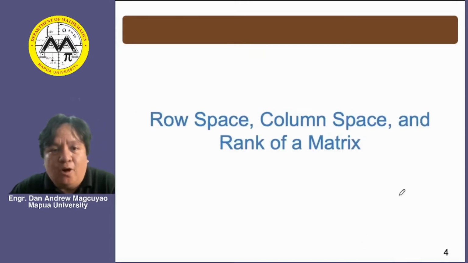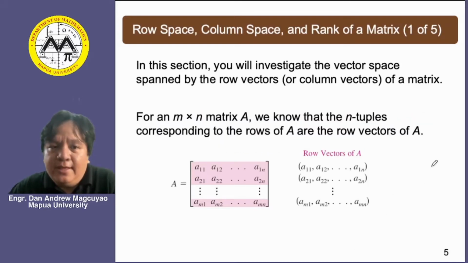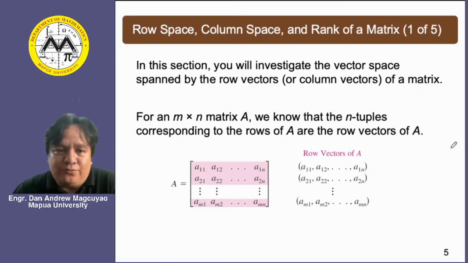Row space, column space, and rank of a matrix. In this section, you will investigate the vector space spanned by the row vectors or column vectors of a matrix. For an m by n matrix A, we know that there are n-tuples corresponding to the rows of A, which are the row vectors of A. So if this is your matrix A, one of the possibilities is that the vectors are written as rows.